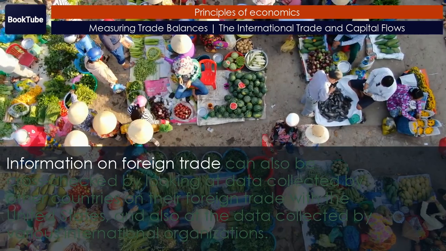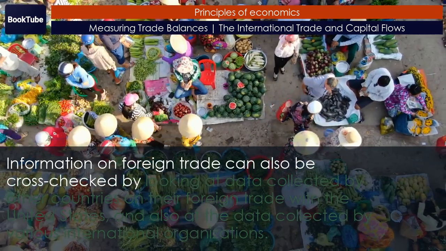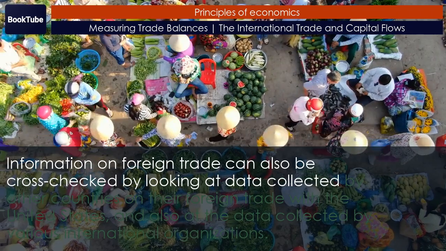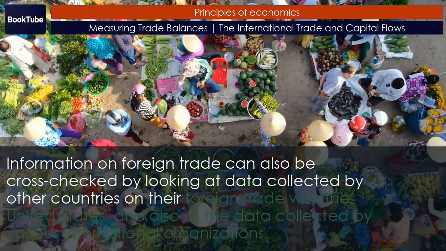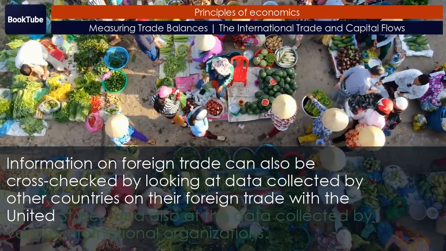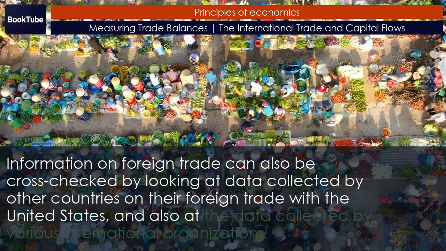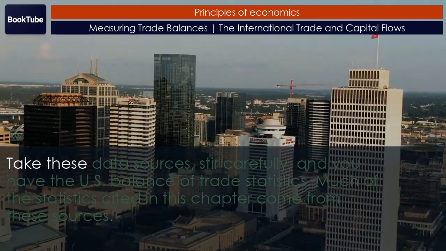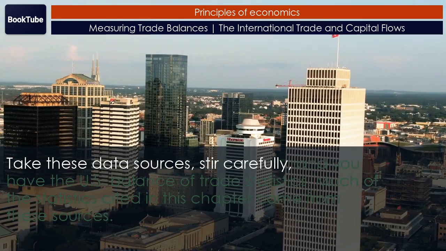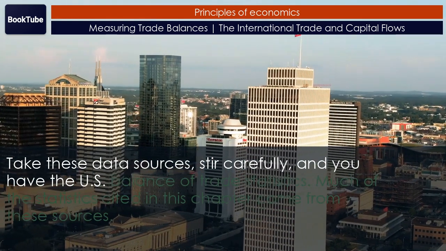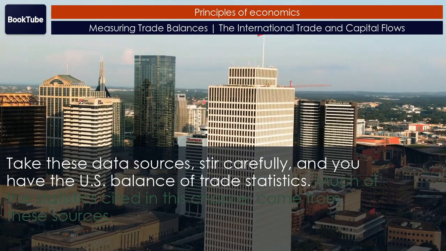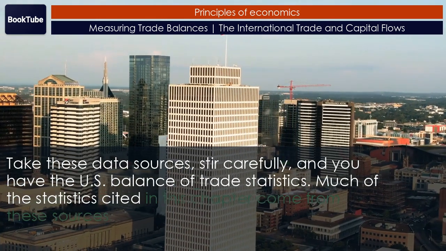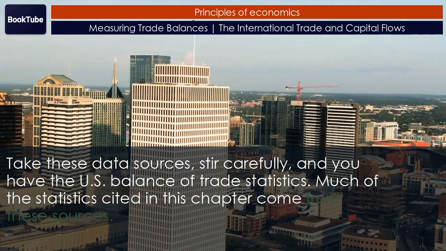Information on foreign trade can also be cross-checked by looking at data collected by other countries on their foreign trade with the United States, and also at the data collected by various international organizations. Take these data sources, stir carefully, and you have the U.S. balance of trade statistics. Much of the statistics cited in this chapter come from these sources.